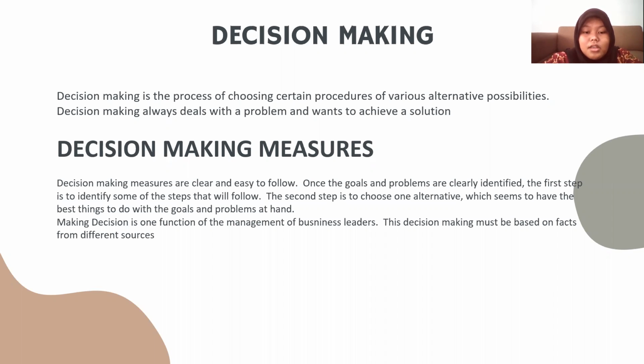Decision making measures are clear and easy to follow, whereas the goals and problems are clearly identified. The first step is to identify some of the steps that will follow. The second step is to choose one alternative which seems to have the best thing to do with the goals and problems at hand.